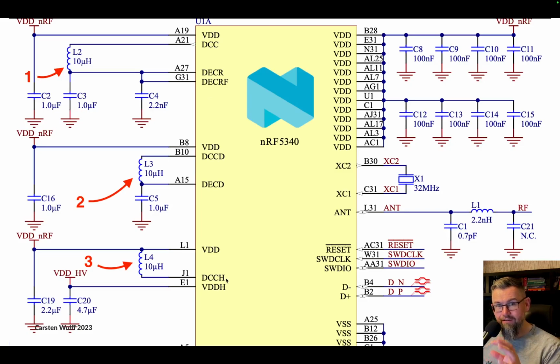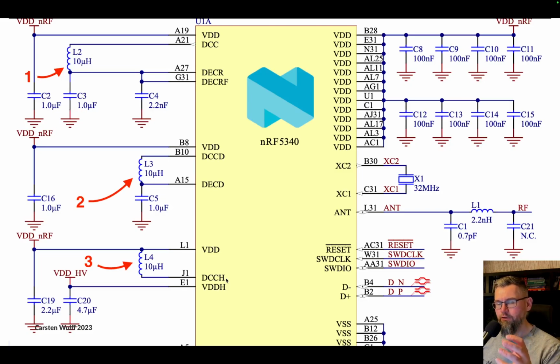So inside this chip, there are 3 DC-DC converters. And that's one of the reasons why it becomes low power. You only use the energy you need in order to generate the voltage that you need.